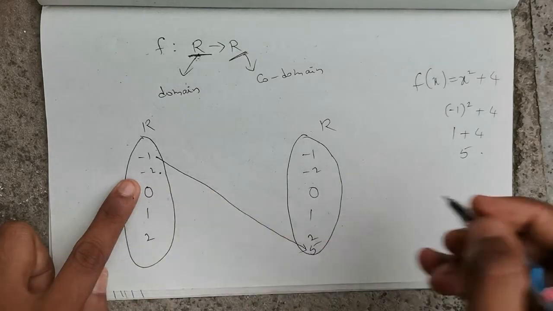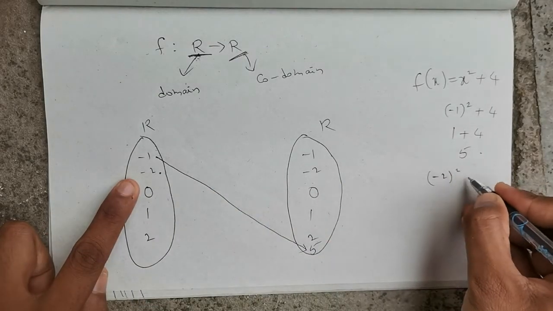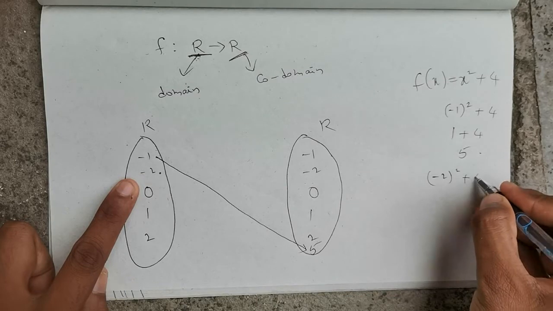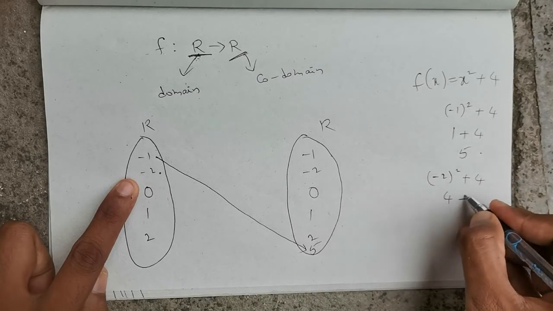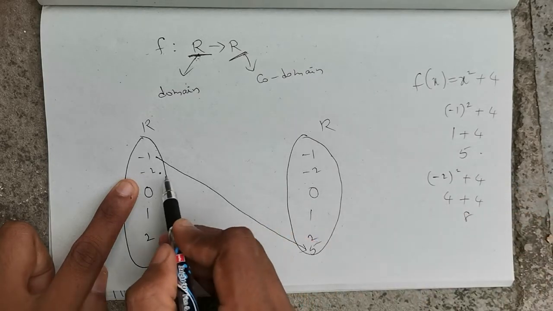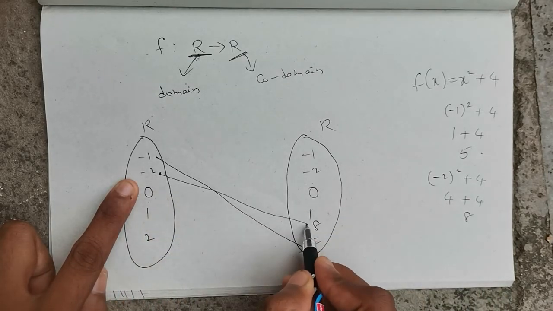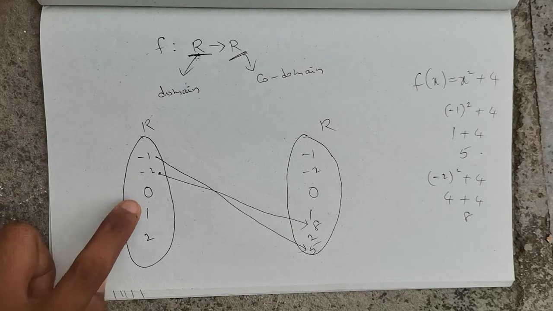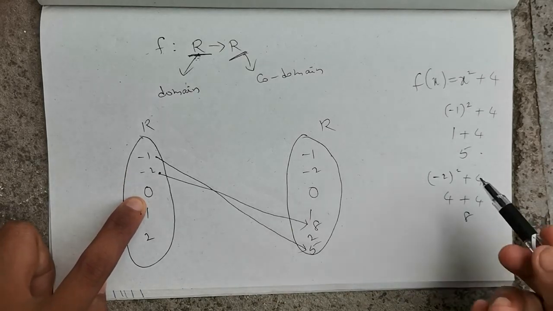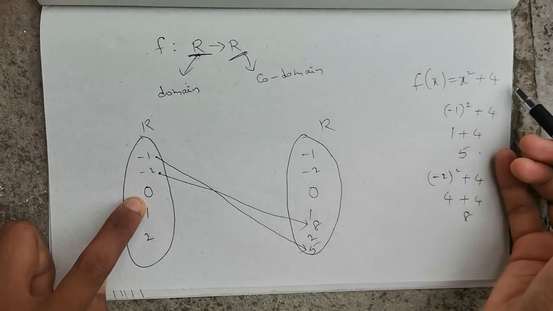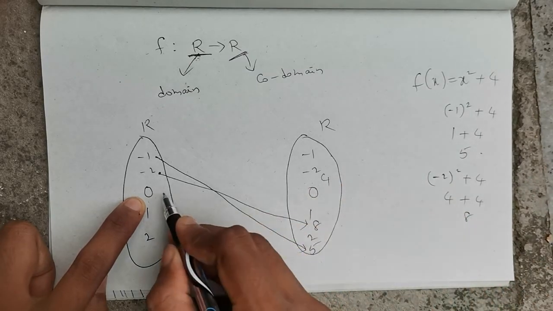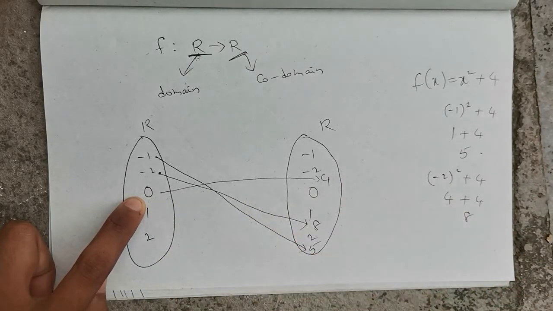Next, -2 whole square plus 4, that is 4 plus 4, 8. So whenever we are connecting -2 we get the answer 8. Now if I am substituting 0, 0 square plus 4, again 4 is there, so 0 is also connected to 4.